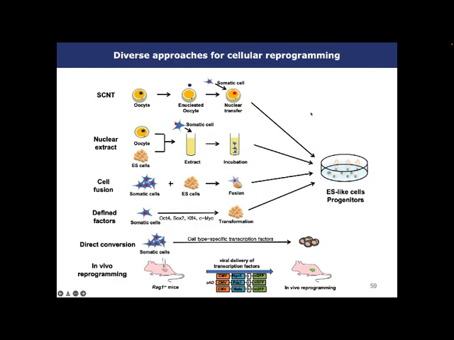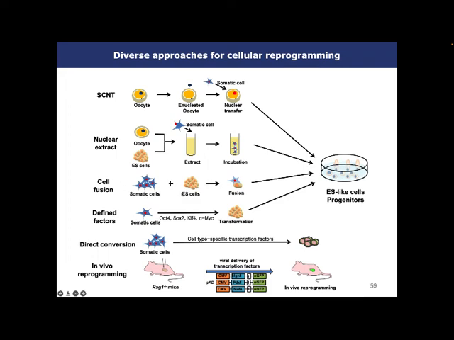So let me summarize the diverse approaches for cellular reprogramming we have learned so far. There is somatic cell nuclear transfer to clone, changing somatic cells toward pluripotent cells. Sometimes nuclear extract works to change somatic cells toward ES-like cells or progenitor cells.